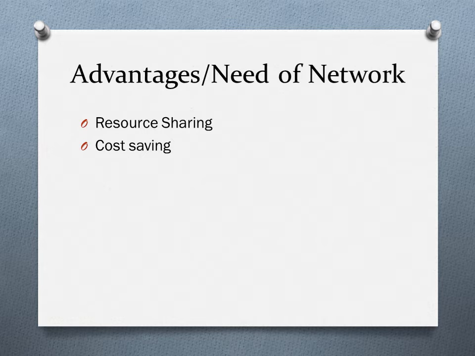As all the hardware and software are shared with each other on a network, the cost is automatically reduced. Increased storage. On the network, same data is saved on multiple computers to ensure the availability of data in case of any system gets faulty.